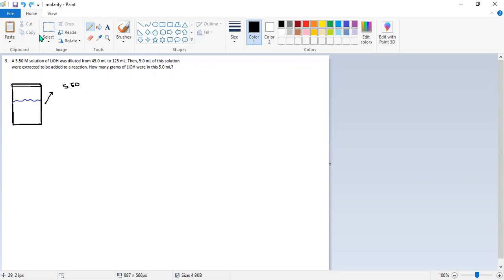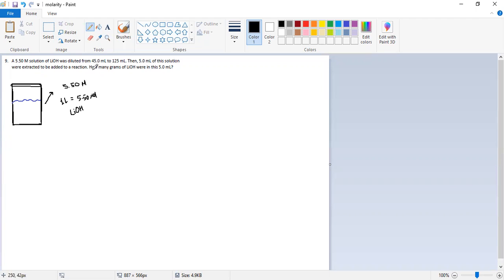In other words, if you really want to go into the semantics of what this M means, what does it mean to say 5.50 molar solution? Well, that essentially means that for every 1 liter of the solution, we have 5.50 moles of whatever compound it is we're talking about. In this case, it's lithium hydroxide, which is LiOH. So this is essentially what we have.